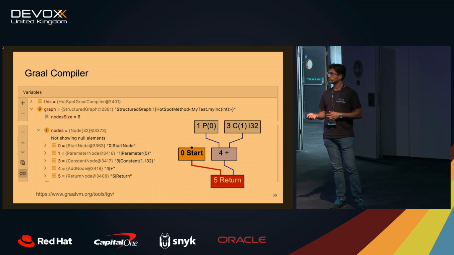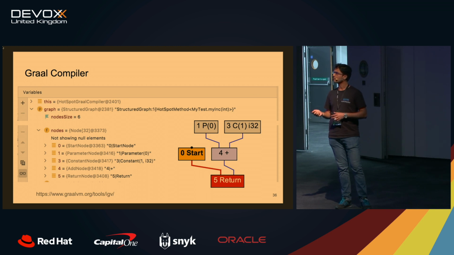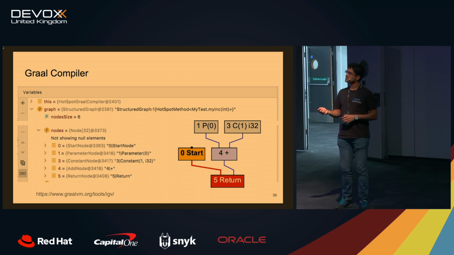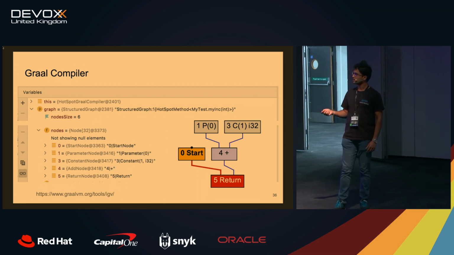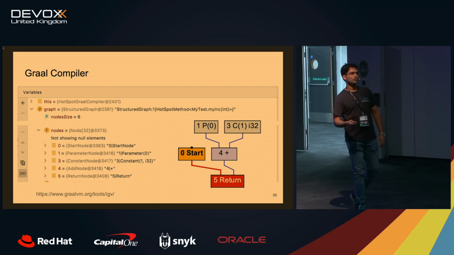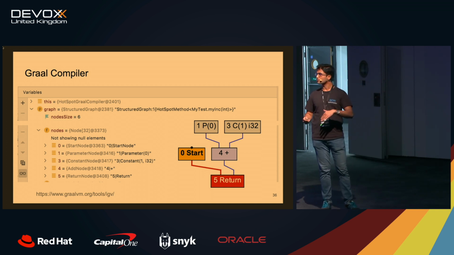These are the identifiers of the nodes. We are not interested in it. So you will see the same nodes over here in the graph, and if you want to read this graph, it should be read like this. We start from the start node and go to the return. The red or orange line connecting them is the control flow. So this is how the control moves further.